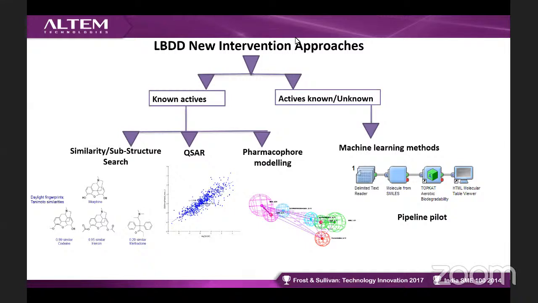What can I do? Instead of synthesizing first, I can do a similarity or substructure search that will help me identify what similar molecules are present, and what structures they are sharing. So that is one way where you can study the similarity or the substructure search.